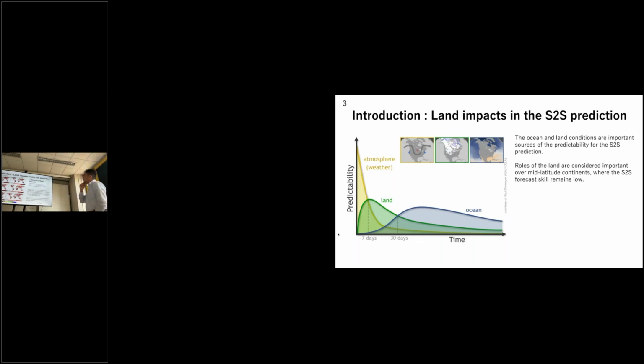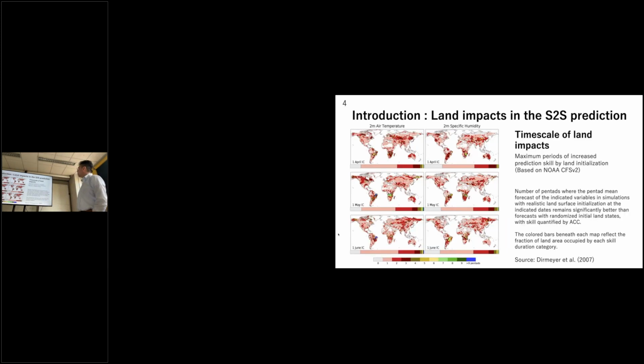And this slide just shows the time scale of land impacts. This figure is from the paper of Paul Meyer a long time ago, showing the maximum periods of increased predictability scale by land initial conditions.